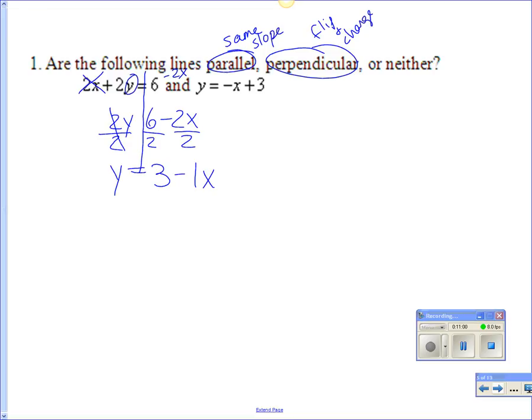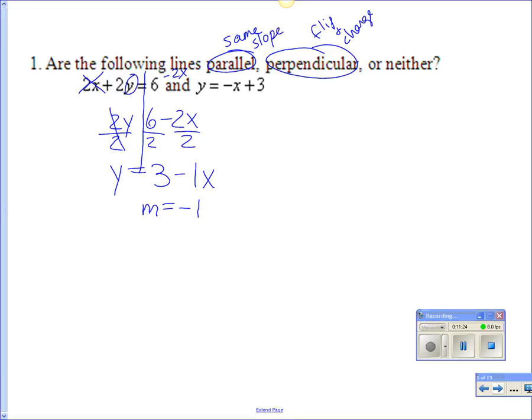All right, guys, up here, which one of these is the slope? Negative 1. So let's just use m. That's what slope is. So we'll put m is negative 1.